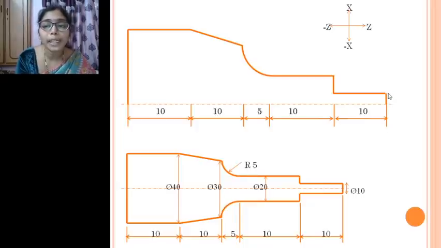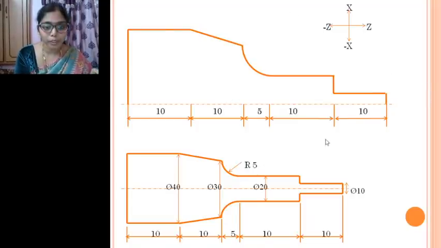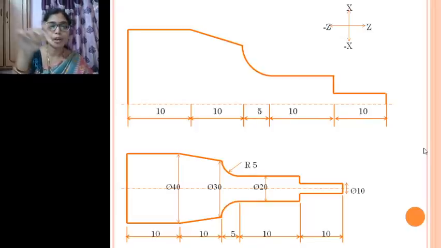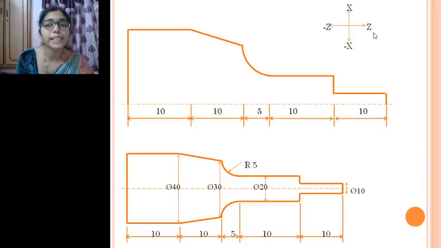Now while writing the code, when you get the profile, the first thing you have to do is that the tool has to be moved from one point to the other point. How will it identify? We are giving X and Z coordinates. We have to write these different points of this particular profile in terms of X and Z coordinates, defining from where it has to start.